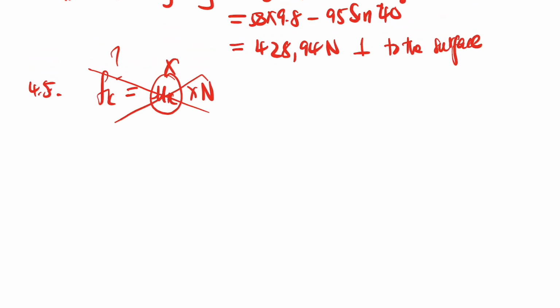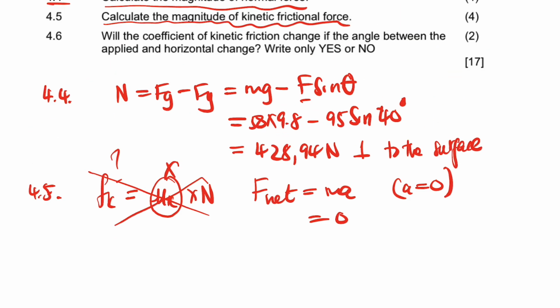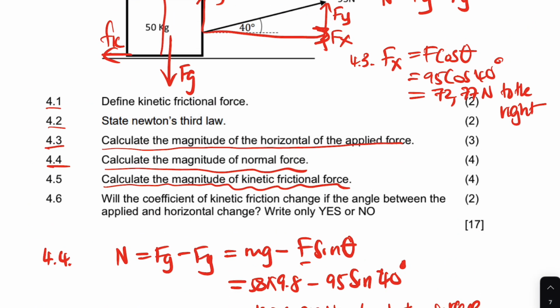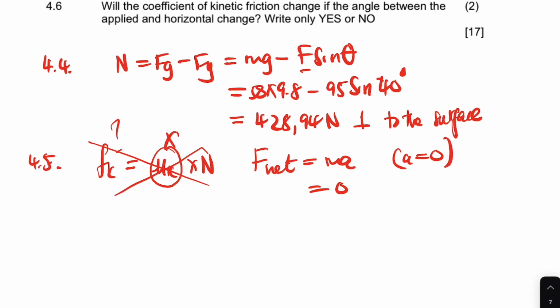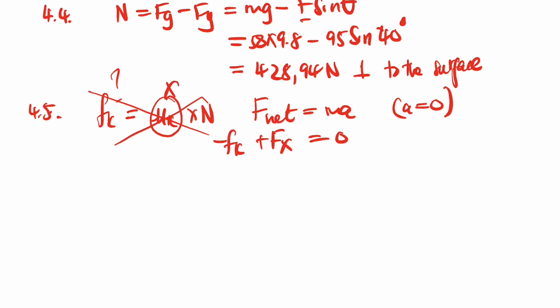So let's try this one that says F net is equal to ma. We know the acceleration is equal to 0 because it moves at constant velocity. The forces that are acting there, we have a horizontal component and the Fk. They're going in opposite directions. We're going to choose right as positive. That means the Fk is going to be negative and the Fx is going to be positive.